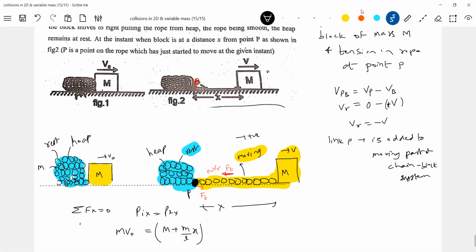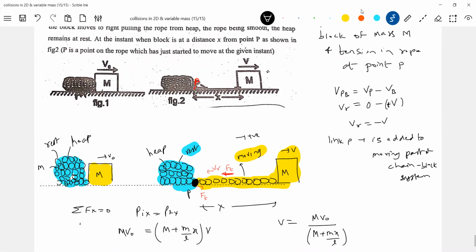So (M plus M by L X) into V. Okay, I got the expression for V: V equals M V naught by (M plus m X by L). Please take care with capital M and small m. This is the expression for the velocity at any point when X length of the chain is moving.